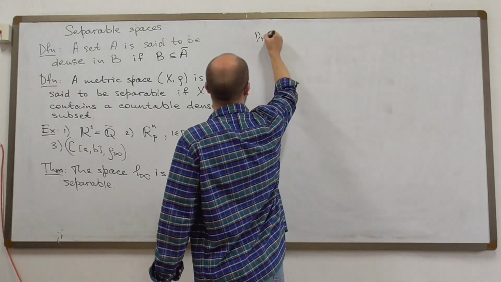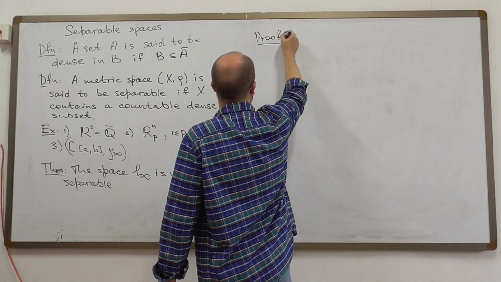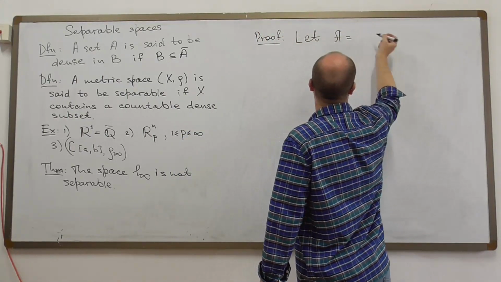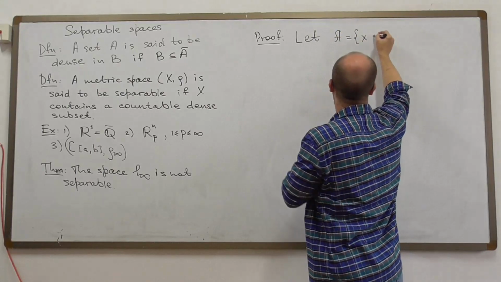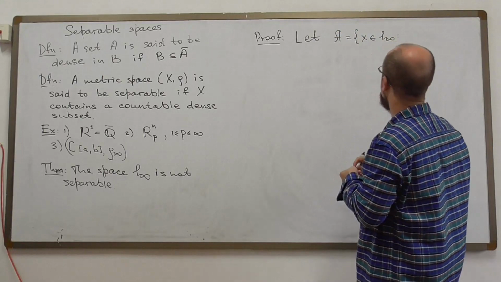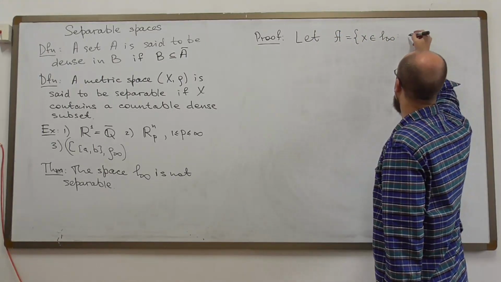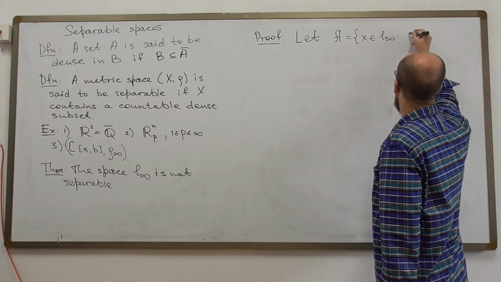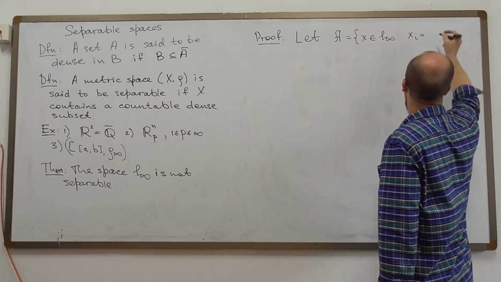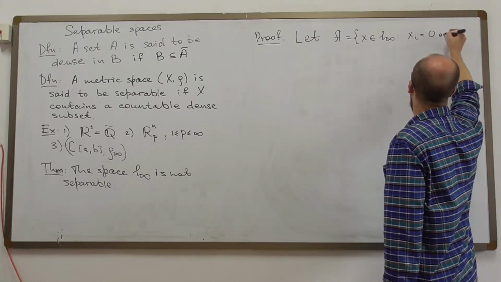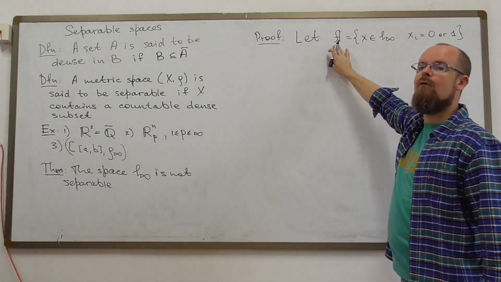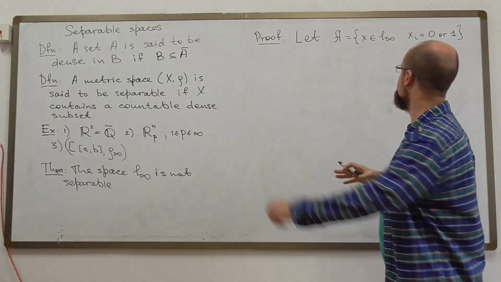Proof. Let A be a subset of L infinity such that all coordinates of x are either 0 or 1. So it is a subset of all dyadic sequences.